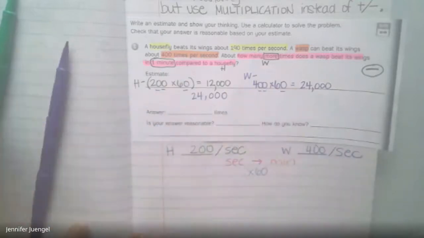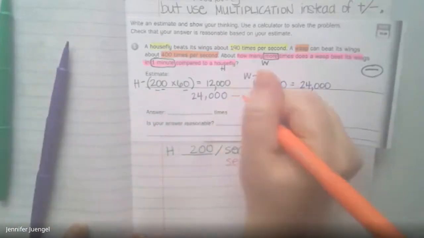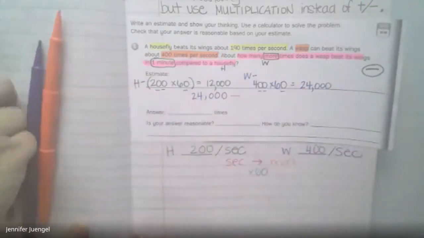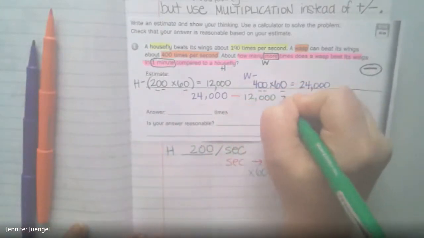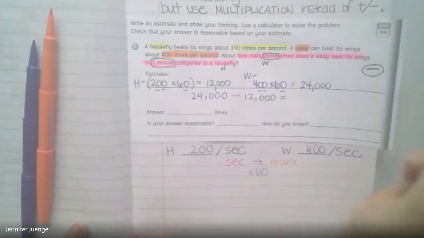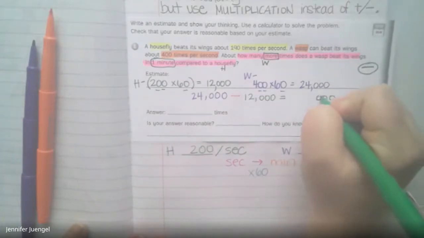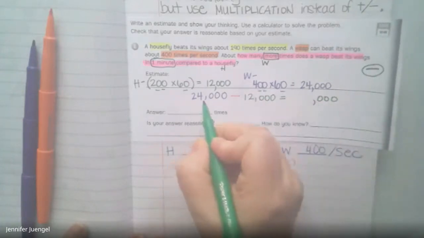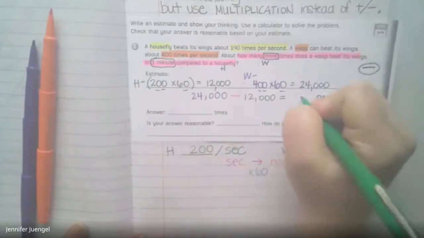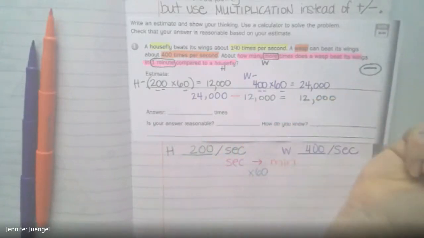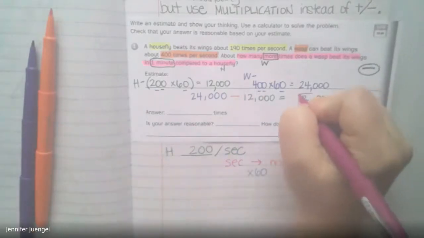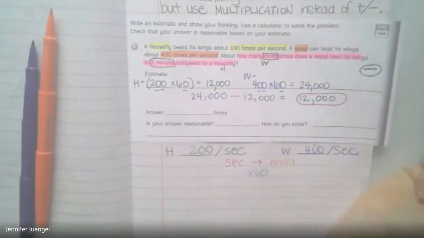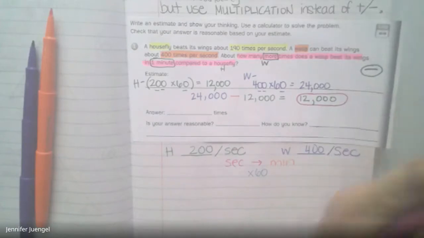And I'm going to have to do some subtraction because that one's bigger than the housefly, and the housefly was 12,000. So if I do that subtraction, my zeros aren't going to change, but 24 minus 12 is 12. So my estimation, I estimate that the wasp will beat its wings about 12,000 times more per minute than the housefly.